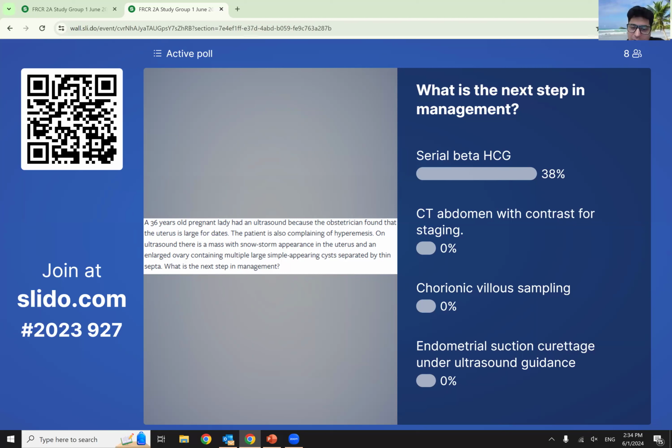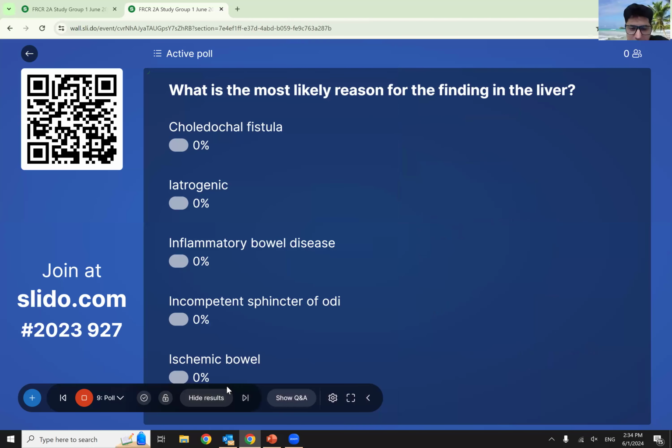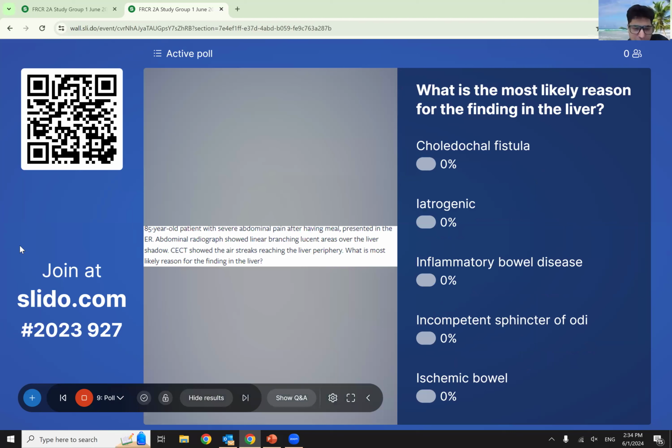All the information that you need to diagnose is already in the stem. The next step in management is now treatment. Any questions? I take it none. All right, where are we? I think we're getting close to the last bit, so you can take a breather soon.